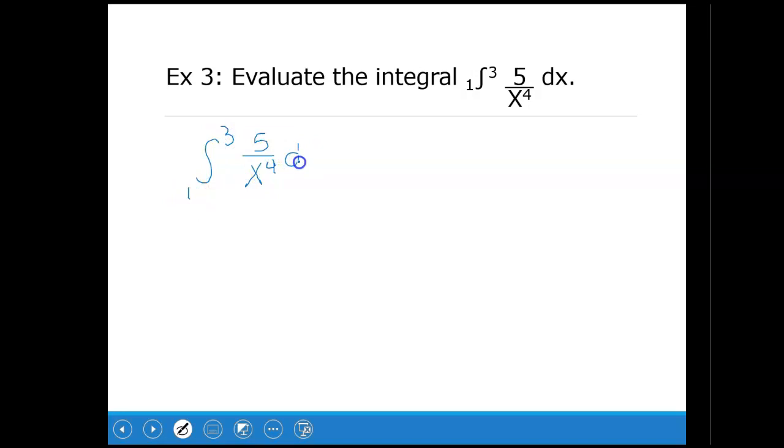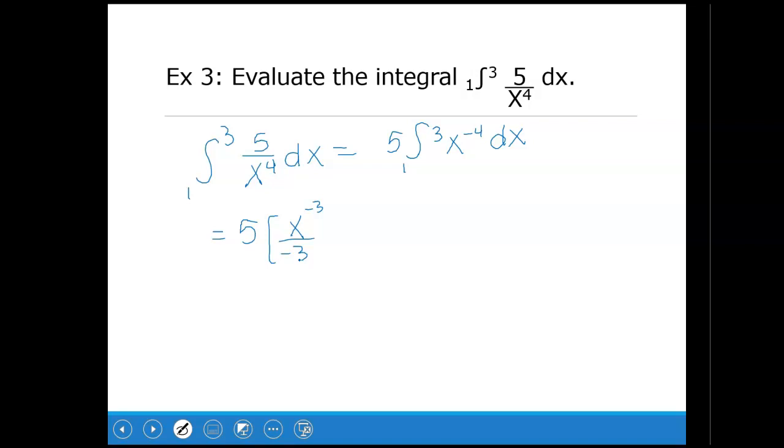So this is really the same as 5 out in front, the integral from 1 to 3 of x to the negative 4 dx. So the 5 is our constant. Its property says it tags along. Our rule says we add 1 and divide by that new power. So negative 4 plus 1 becomes negative 3.